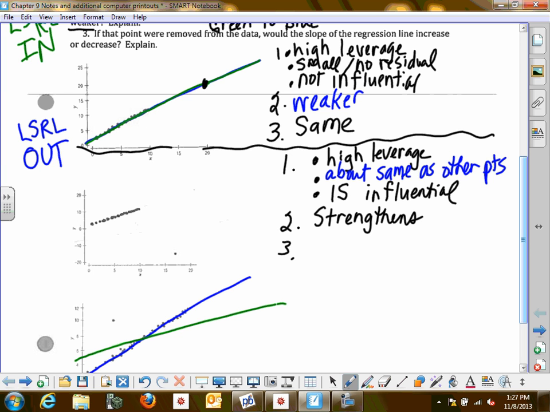Okay, now, let me put my lines back in here. So with the point, I have this green line. When I remove it, it becomes this blue line. So does the slope increase or decrease?